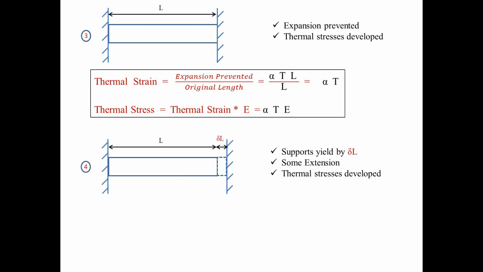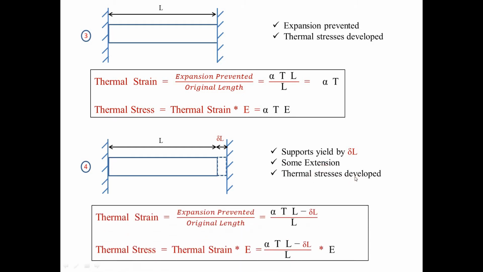Now the case is like this. If the support yields by delta L, that means we are allowing for some expansion by moving the support. In that case, some extension will be there and the thermal stresses will be developed.